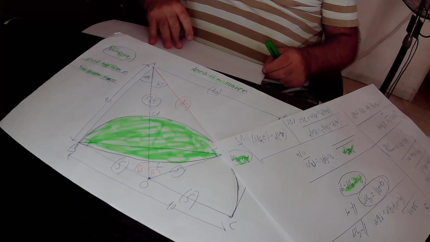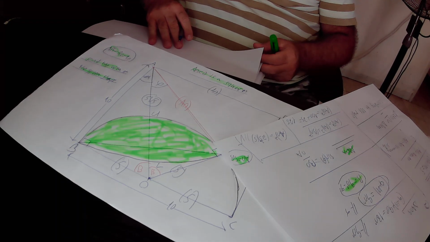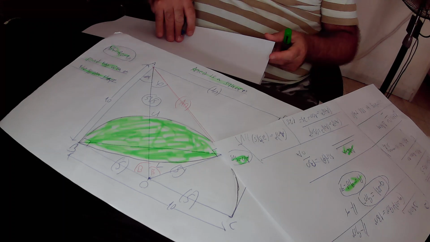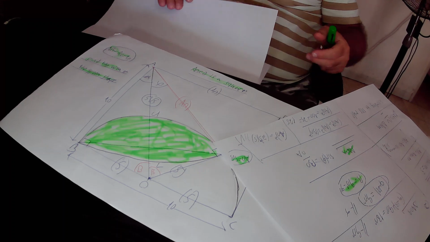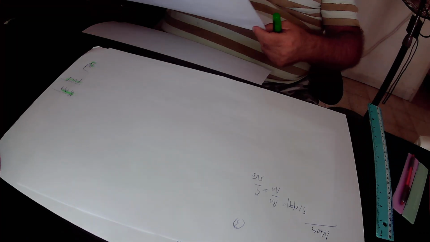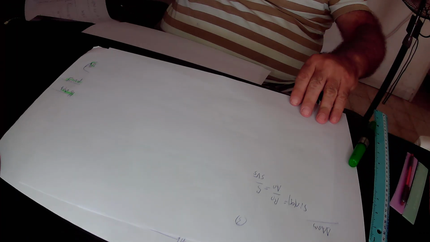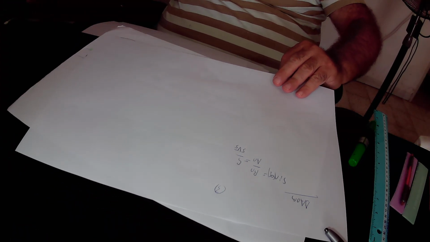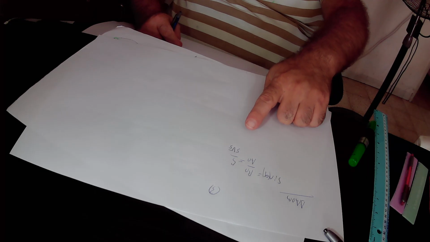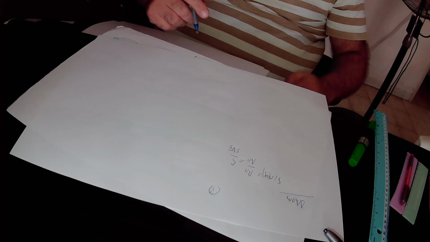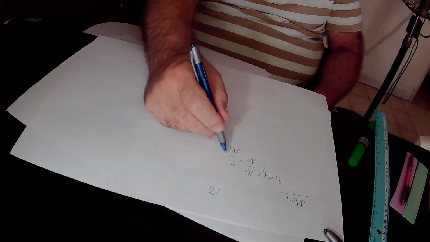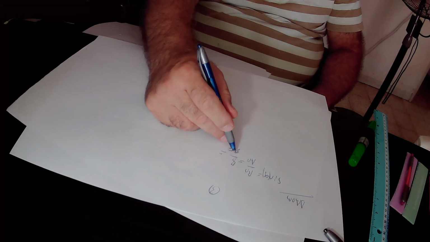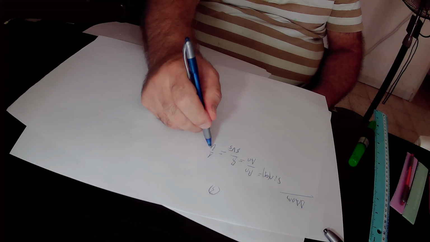So in total, we should find out that sine alpha equals 5 over 5 times square root of 5. We have 5 in the numerator, 5 in the denominator, so the 5 will get cancelled, and we are left only with 1 over square root of 5.